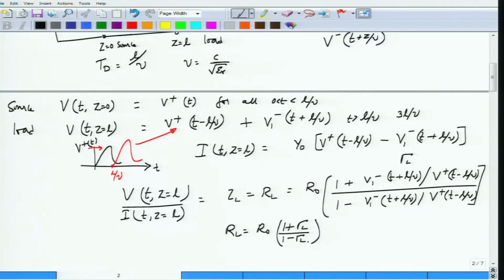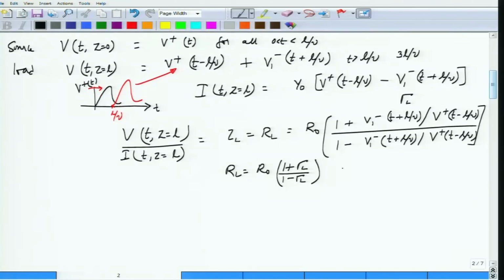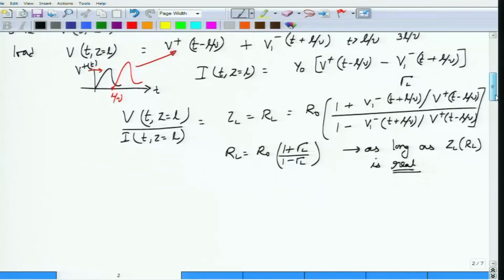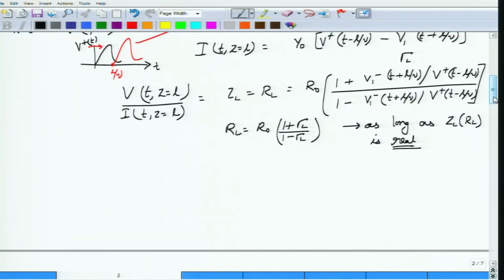And gamma L will also not be complex, it will be real, as long as ZL, or equivalently RL, is real. It could be greater than R0 or less than R0, but it has to be real. Which means that only for resistive loads this kind of a reflection coefficient can be developed.